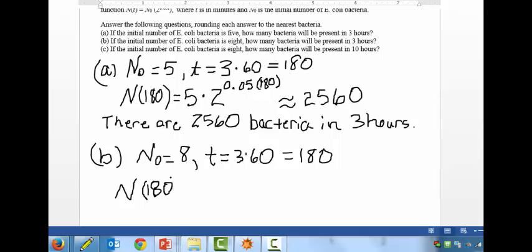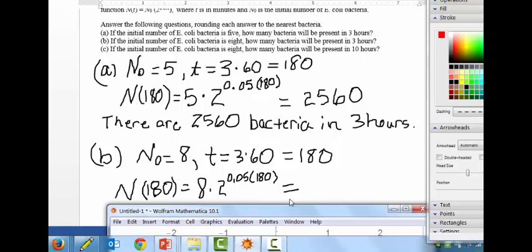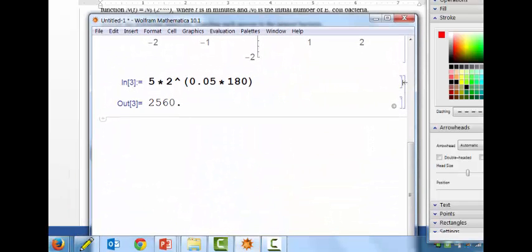Here we're also calculating n of 180, but our starting or initial number of bacteria is 8 instead of 5. Remember, these are exact values we're getting back in this particular case, since our exponent actually turns into an integer.